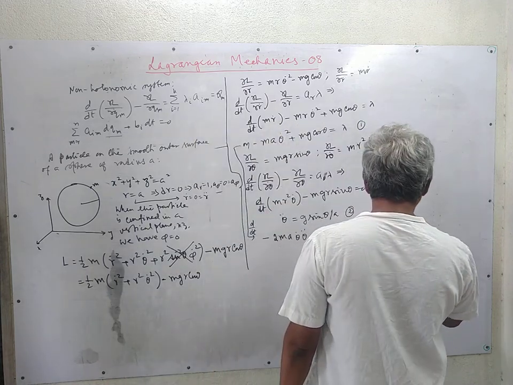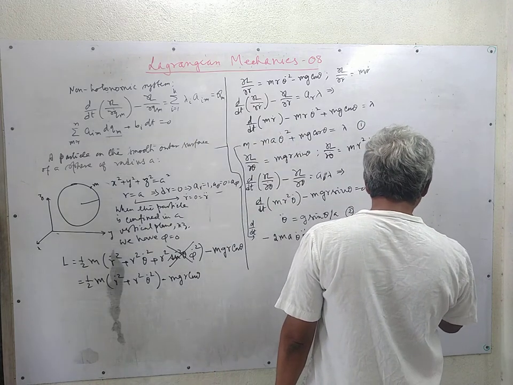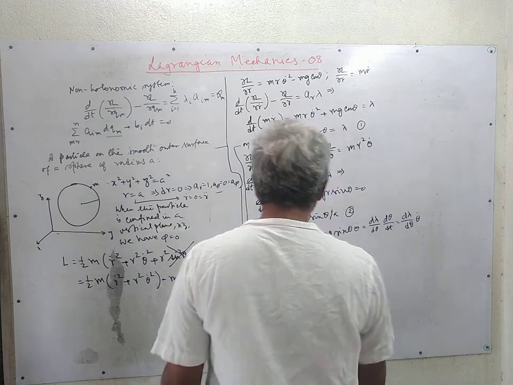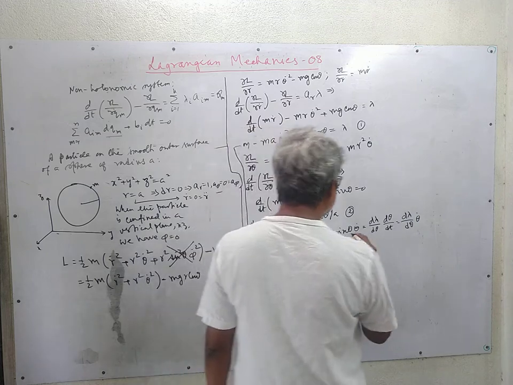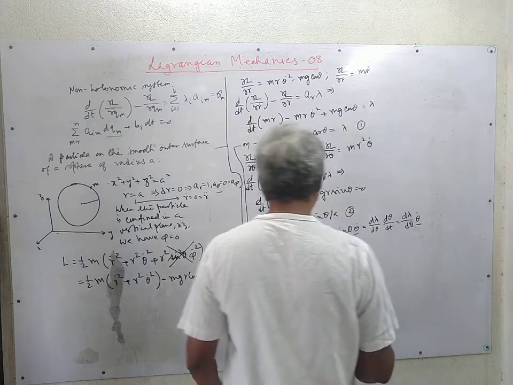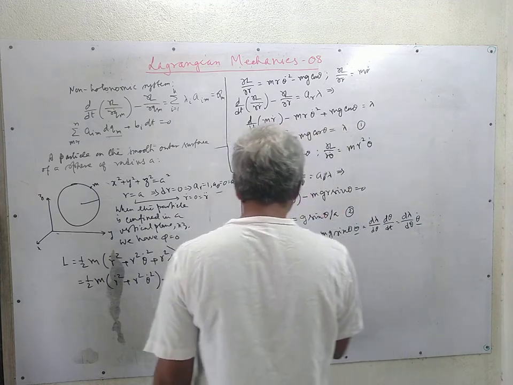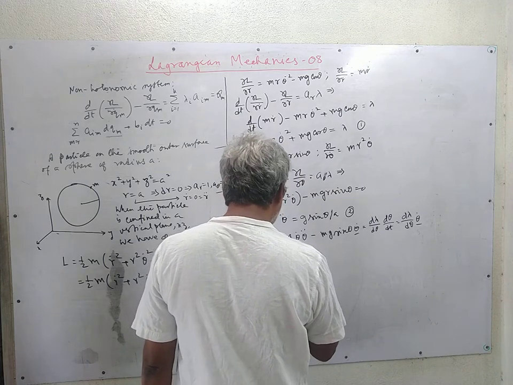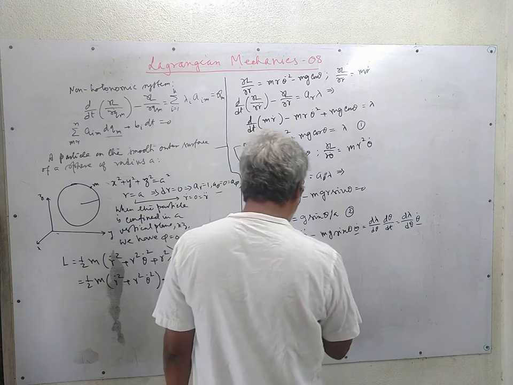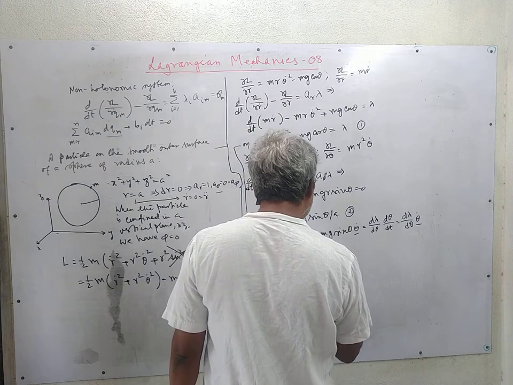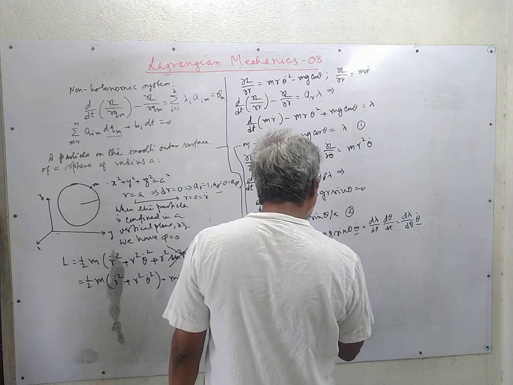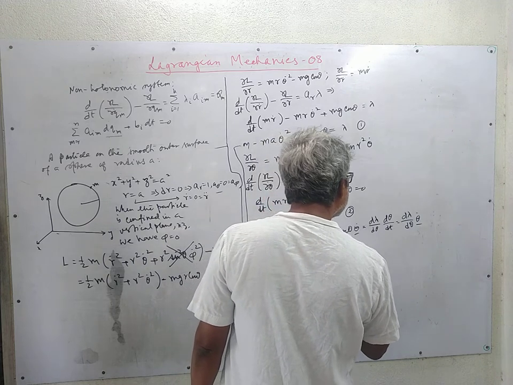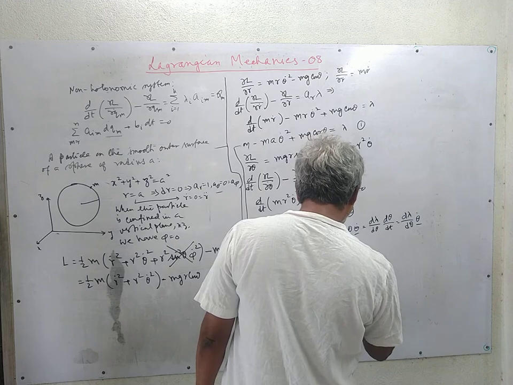So this is dλ/dθ̇. Theta dot is present in all the terms, so we draw θ̇ from all these three terms. So what we get: minus 2maθ̈ minus mg sin θ is equal to dλ/dθ.